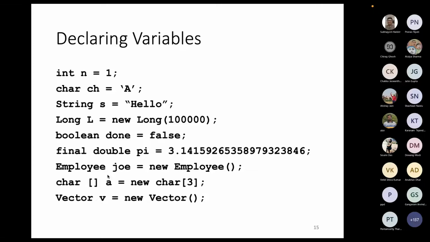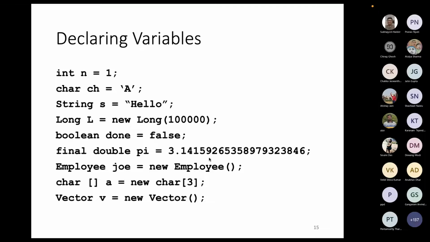It is useful even in procedural programming, as you would have seen in C, where you can define structures and then do typedef. But here in Java, you use classes to define new types, and then you can instantiate objects of those types using the new operator.